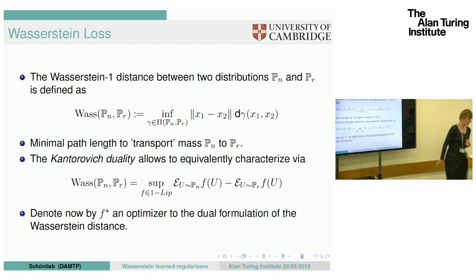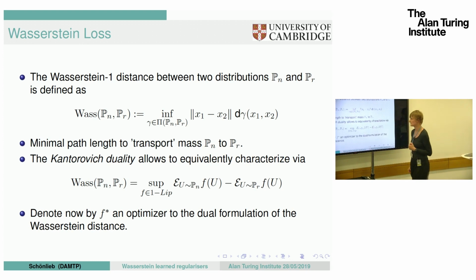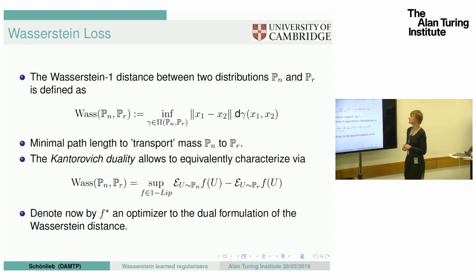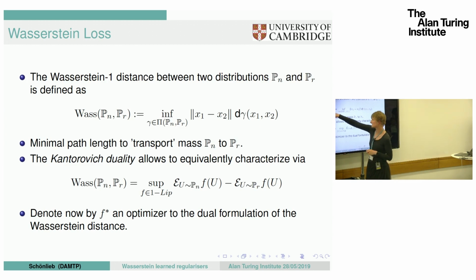And how do I do this? Well, one idea is via the Wasserstein distance. Now I have two distributions. How to measure their distance? Well, Wasserstein distance might be good. And in particular, I look at the Wasserstein distance between those two.